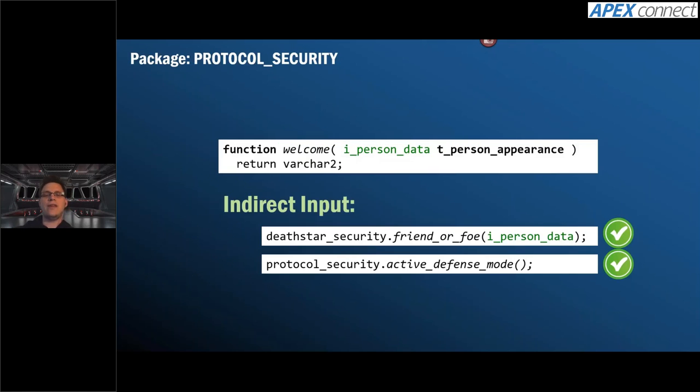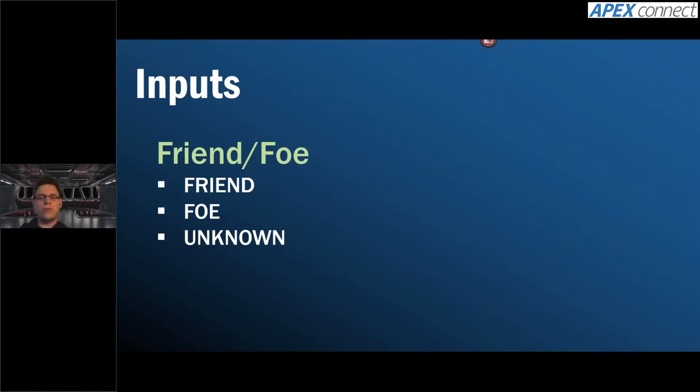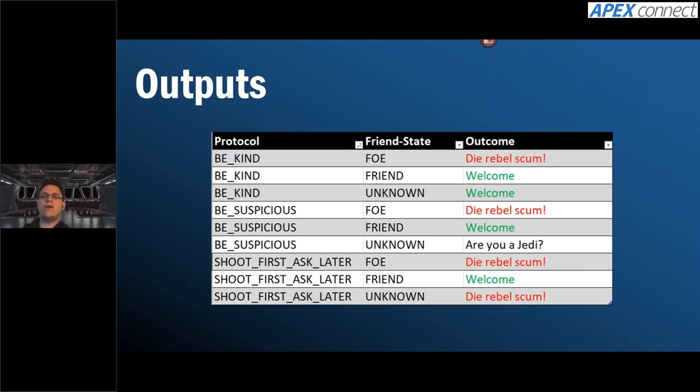So we have now two controllable indirect inputs. These inputs are, we already know, the one from friend or foe, and unknown. And at the moment, we have three different defense modes: be kind, be suspicious, and shoot first, ask later. Very important. And these inputs lead to a number of outputs or outcomes.